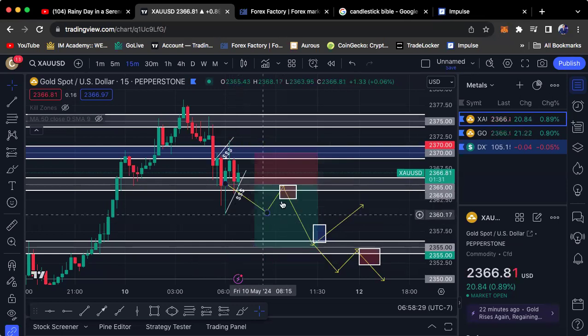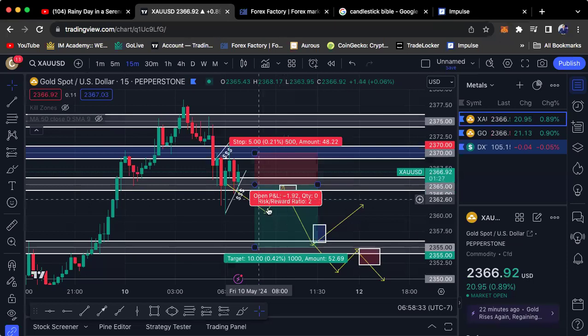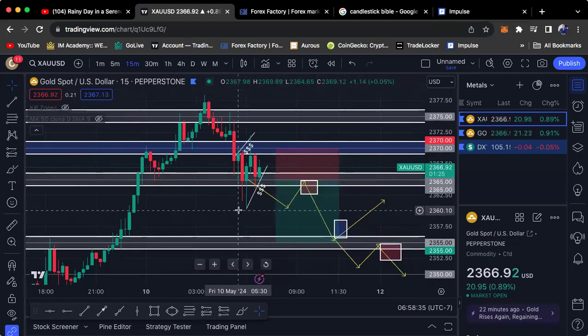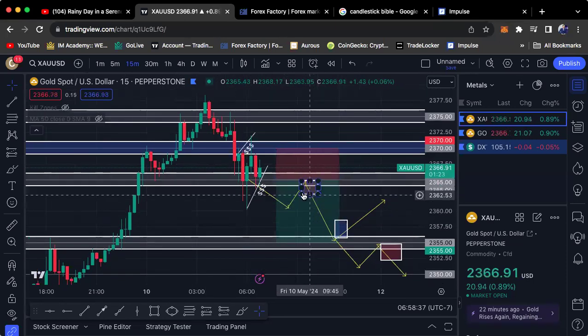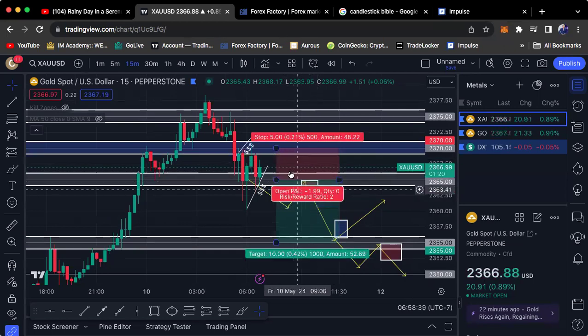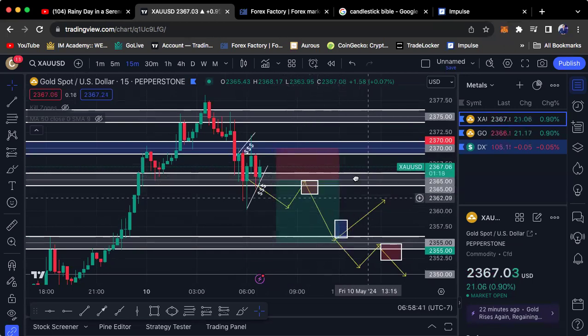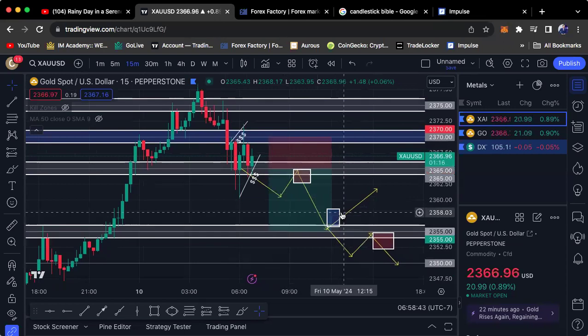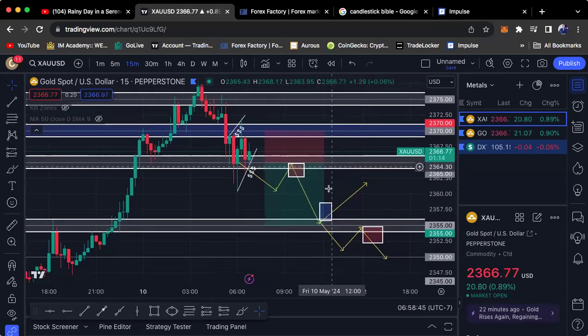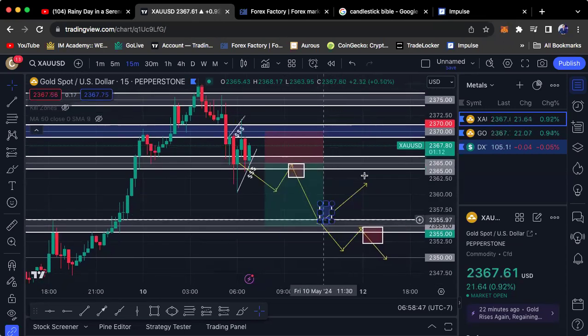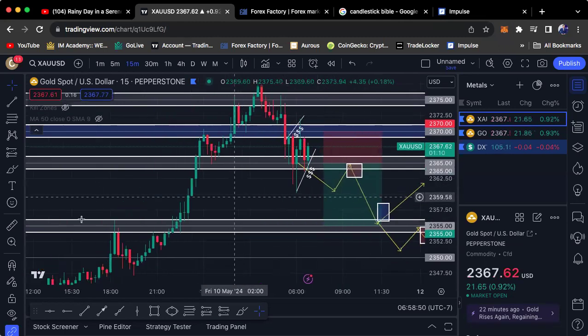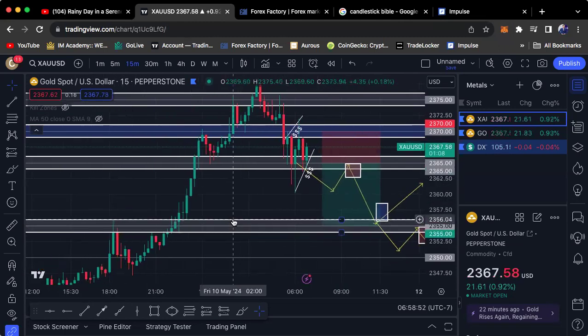If you guys don't want to take the sell because it's a little riskier taking a sell, because you're going against the trend, right? That's why you have proper risk. If you guys want to be more conservative, just wait for the buy here. Just take the buy because you have resistance here.